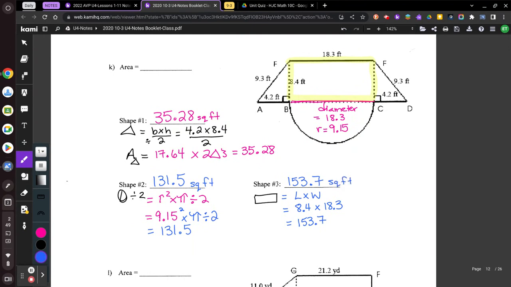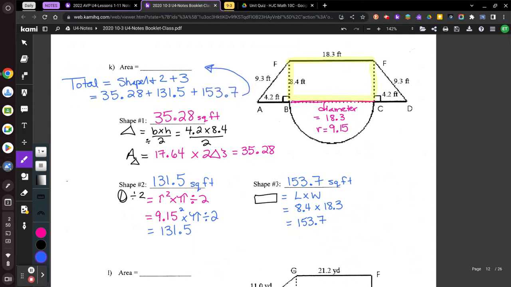Now on this object, we didn't create a larger object and have to subtract things. Here we've got 4 different pieces we have to add together. So we are literally going to add everything up. So our total equals shape 1 plus 2 plus 3. So I'm going to have 35.28 plus 131.5 plus 153.7.